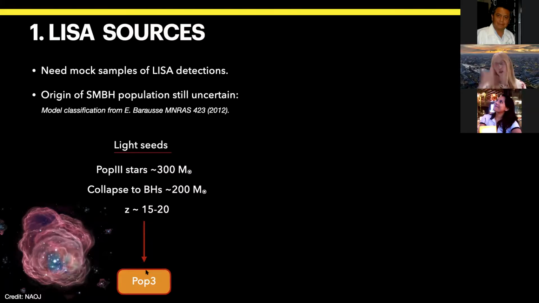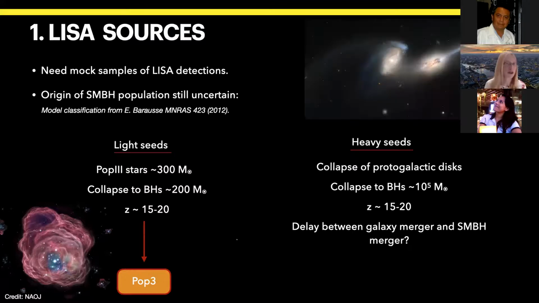The counterpart to that, not surprisingly, is called the heavy seed family of models. In these models, the seed black holes come not from the collapse of stars, but from the collapse of protogalactic disks themselves. They form much larger seed black holes, hence the name, which again grow to become the black holes we know today.